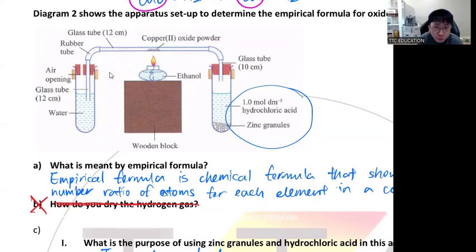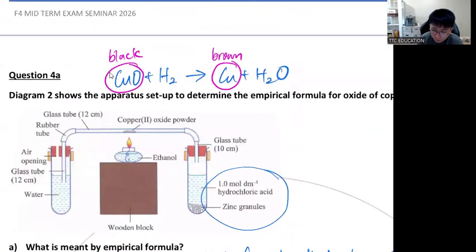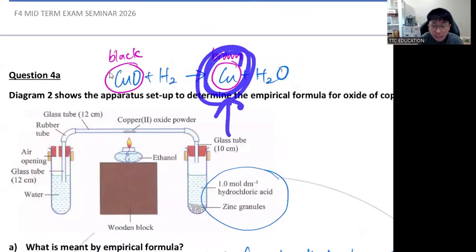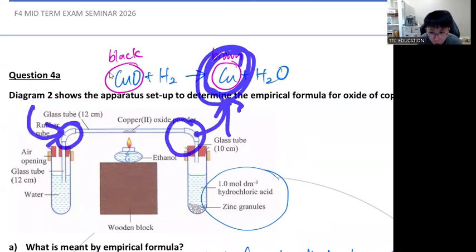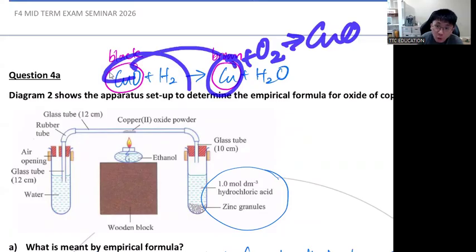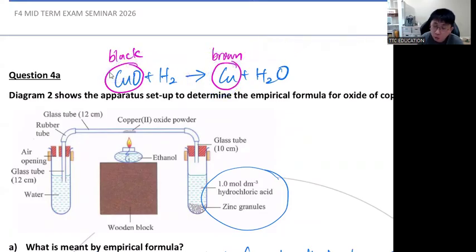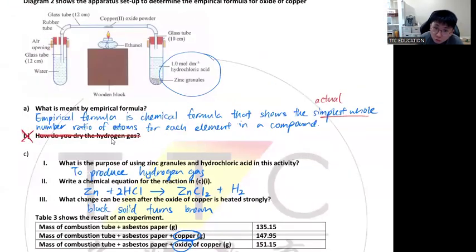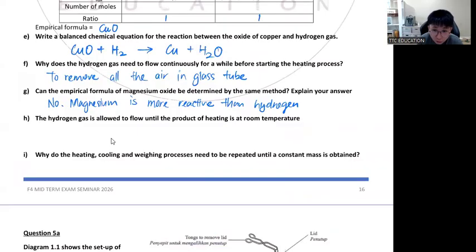Because if you don't let your copper cool down, after you heat it you have hot copper, and if you never let it cool down with the H2 and straight away remove the rubber tube, the oxygen will enter, and this hot copper will react with oxygen and become copper oxide. So it goes backwards, and we don't want that. So what we do is let it cool down, let the H2 flow while waiting for the copper to cool down.